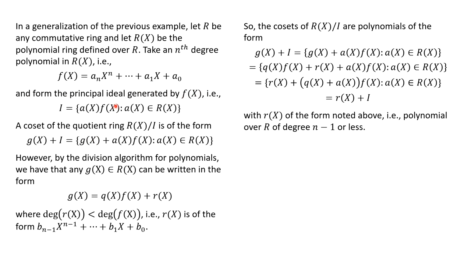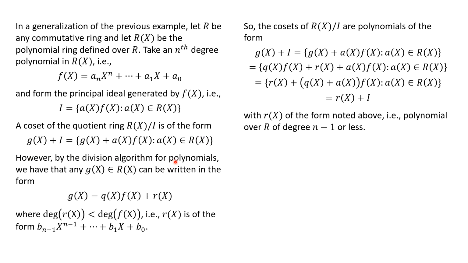So in other words, all multiples of f of x by elements from our ring R[x]. The coset of the quotient ring R[x] modulo I is of the form g of x plus I. So it's all polynomials of this form here, g of x plus a of x times f of x, where the a of x ranges over the ring R[x].